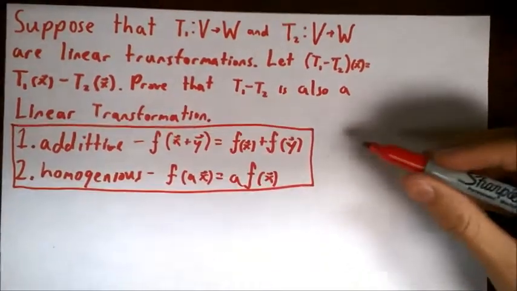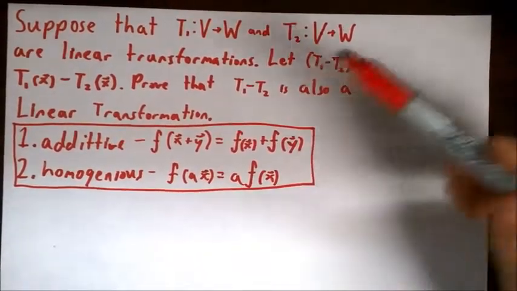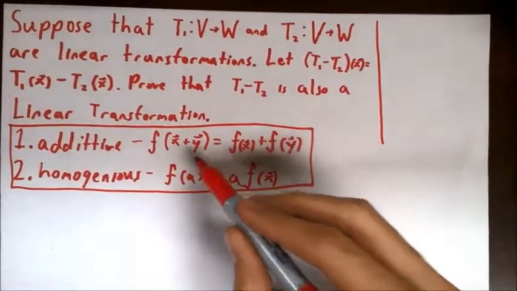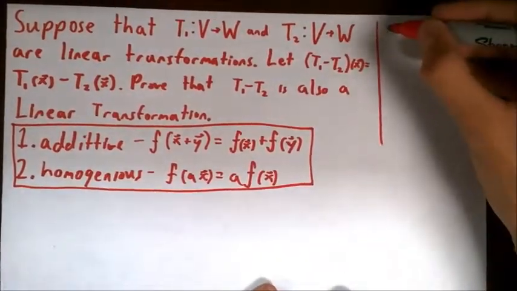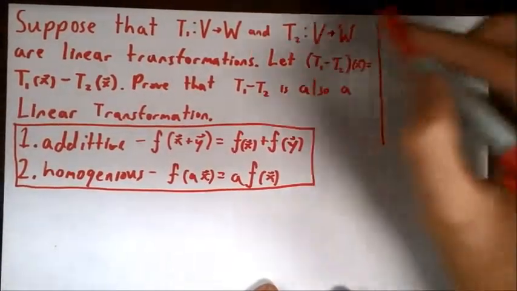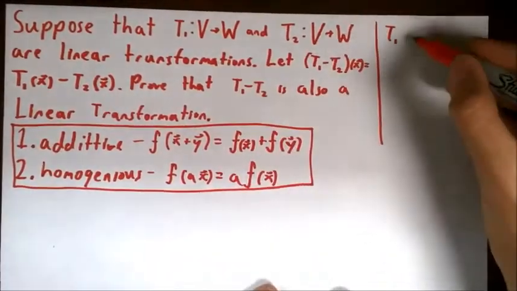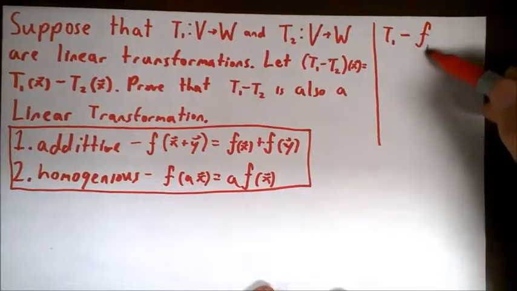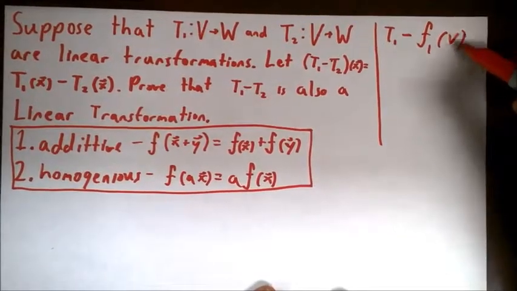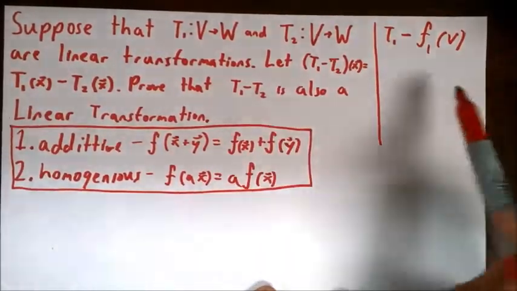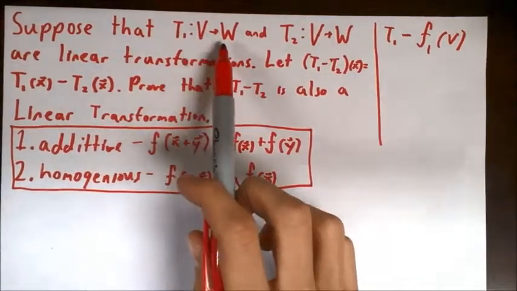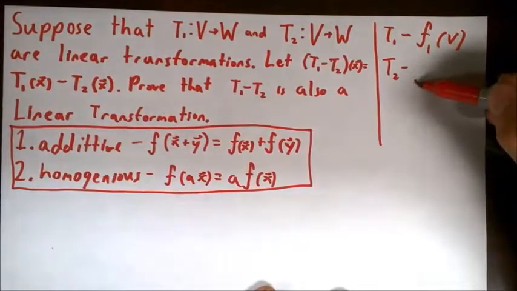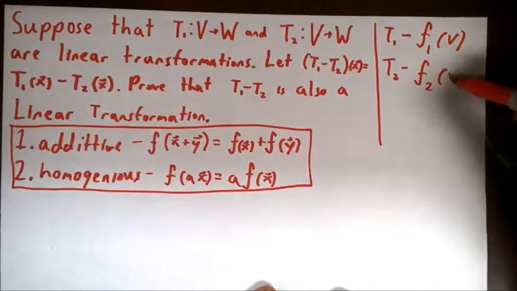So in order to solve for this one, we are going to transform the format that the transformations are currently in into functions. That way we can just put them in here. So transformation 1 being V to W is the same as saying function f1 of v. The same thing for transformation 2, it is a function f2 of v.